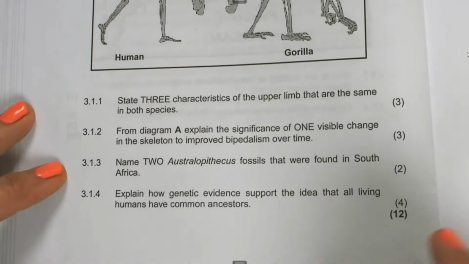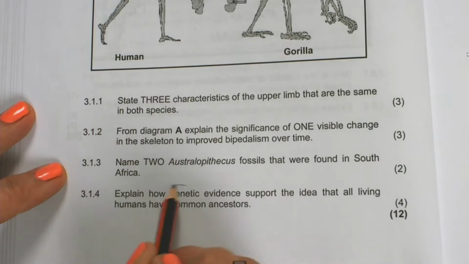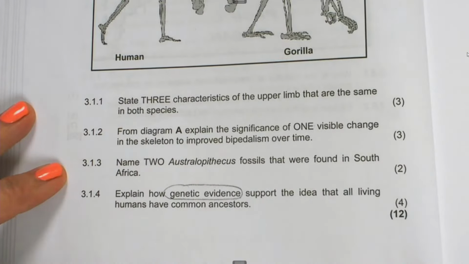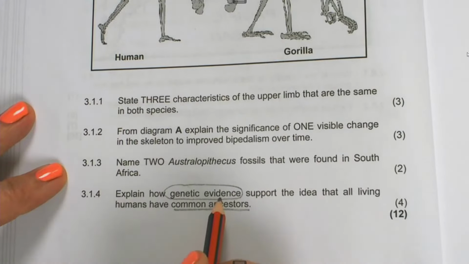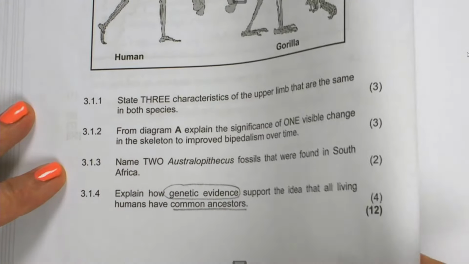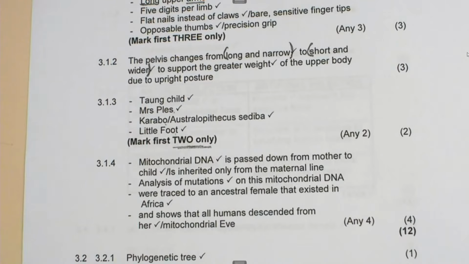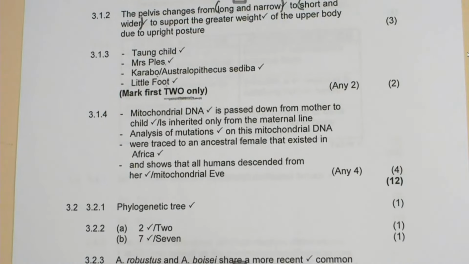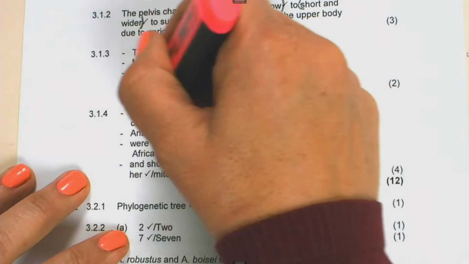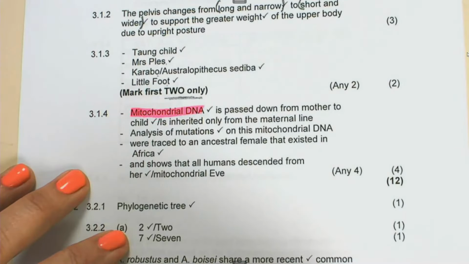Alright, and then explain how genetic evidence supports the idea that all living humans have common ancestors. So that is the out of Africa hypothesis, or genetic evidence of human evolution. And then we are going to refer to the mitochondrial DNA. You have to name mitochondrial DNA as the genetic evidence.